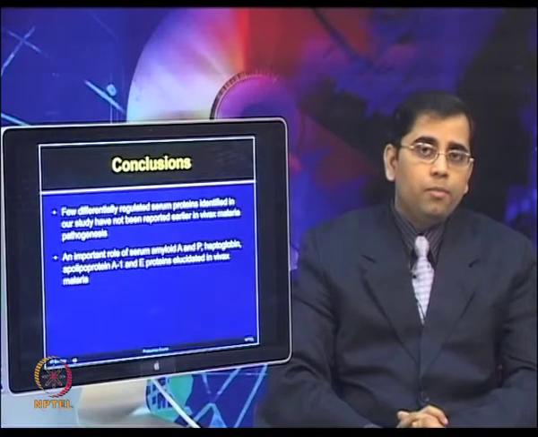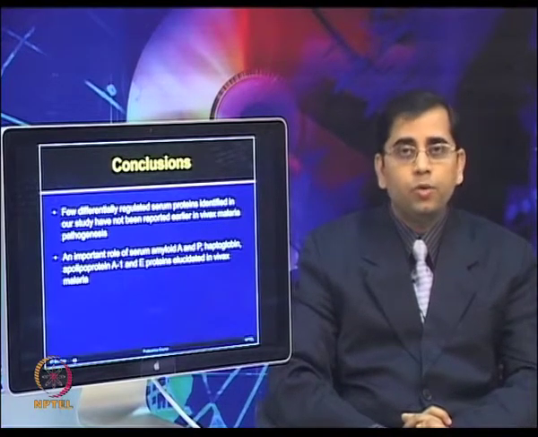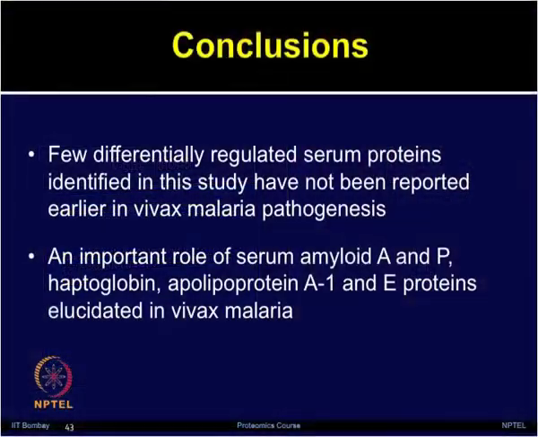So, conclusions from this case study: a few differentially regulated serum proteins were identified in this study, including ceruloplasmin, hemopexin, alpha anti-chymotrypsin, alpha 1 antitrypsin, which have not been previously reported in vivax malaria pathogenesis.